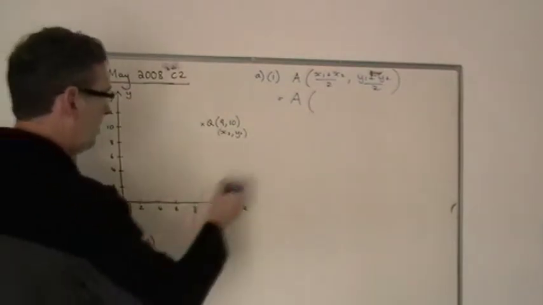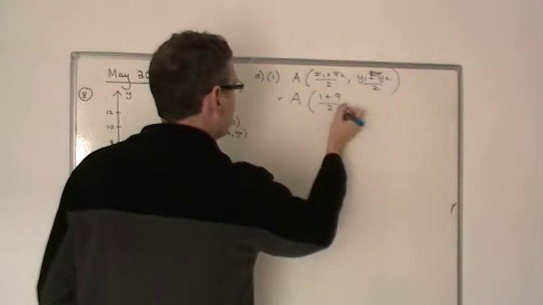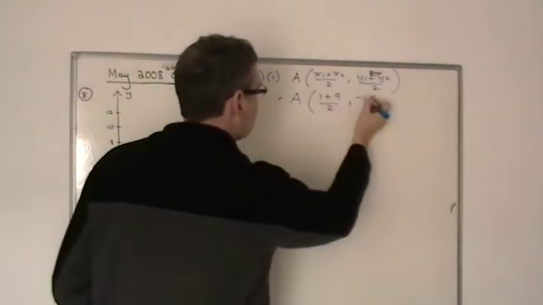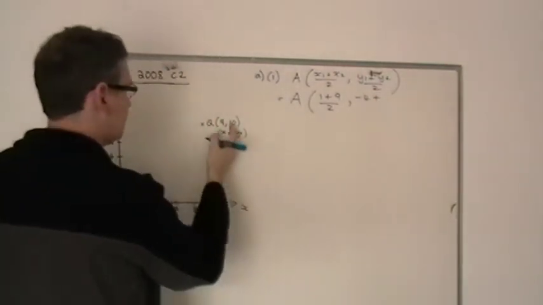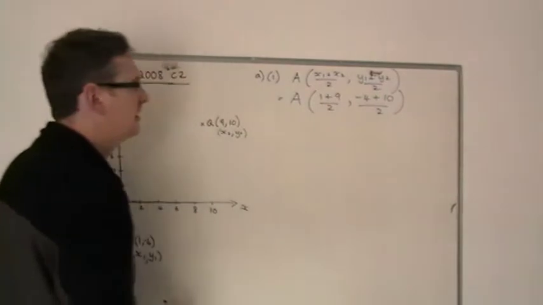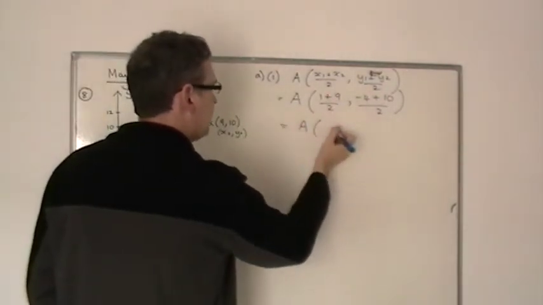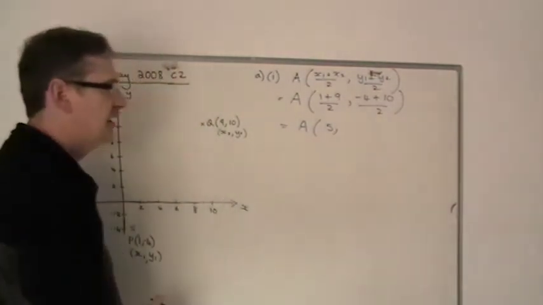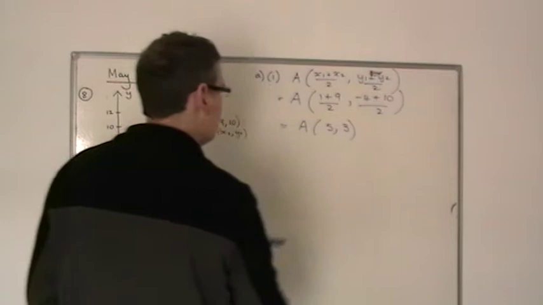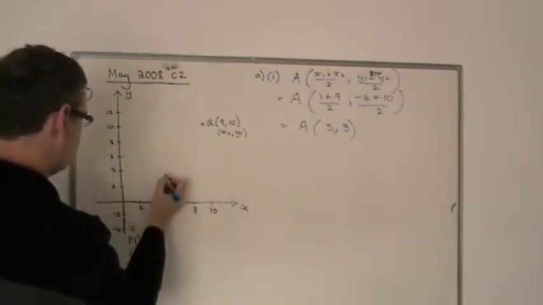x1 is 1 plus x2 is 9, divide by 2, comma, y1 is negative 4 plus y2 is 10, all over 2. A very simple calculation: the midpoint will be 1 plus 9 is 10, shared by 2 is 5, negative 4 plus 10 is 6, shared by 2 is 3, which I'll plot in the picture, 5, 3, 5 across and 3 up.